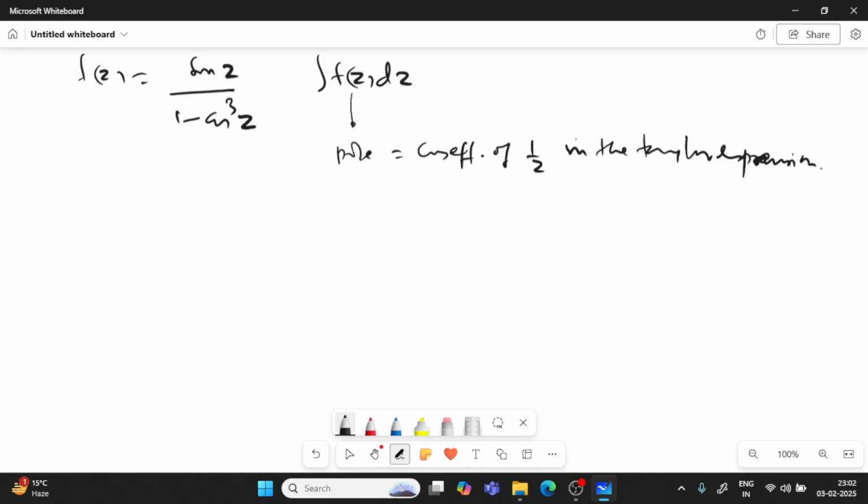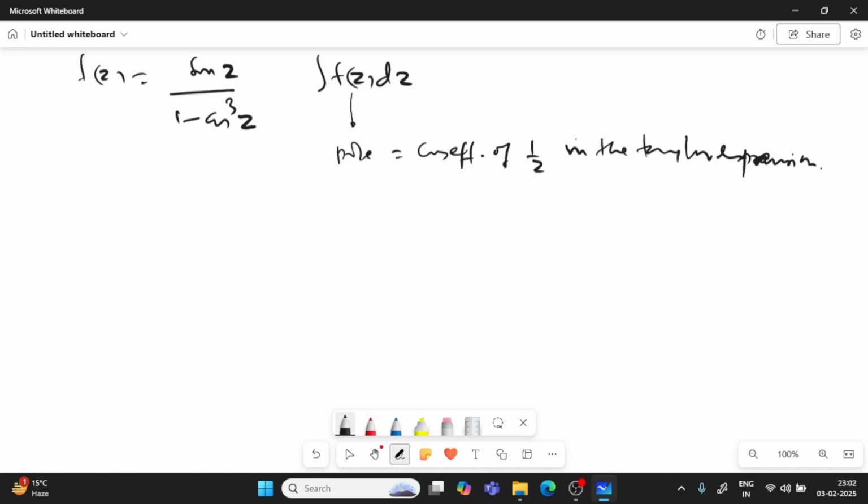If we are able to find the expansion coefficients, then we can easily find the residue of f of z. So for that, we want to find how to expand them.